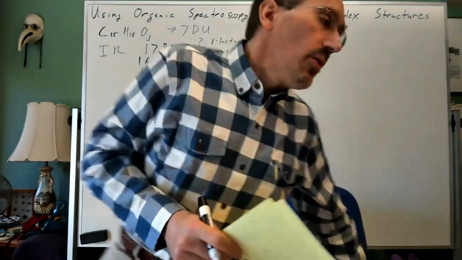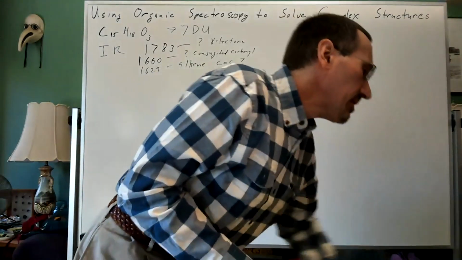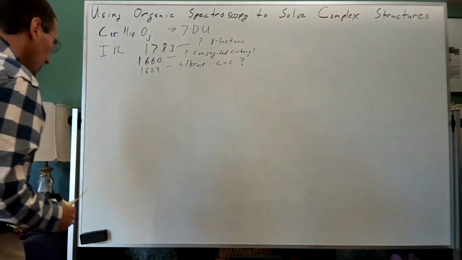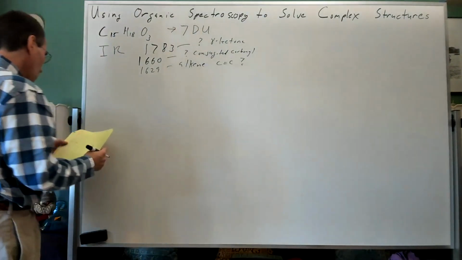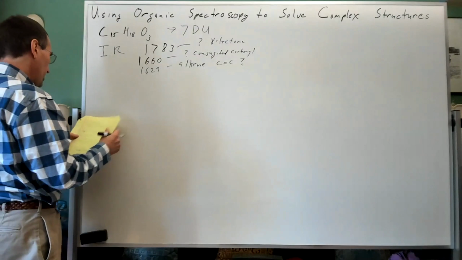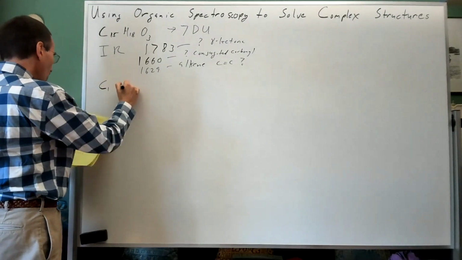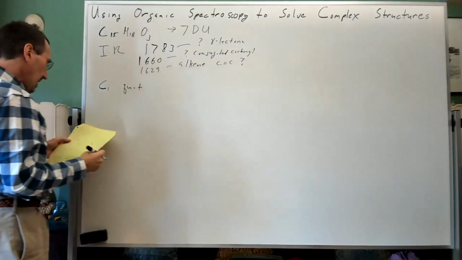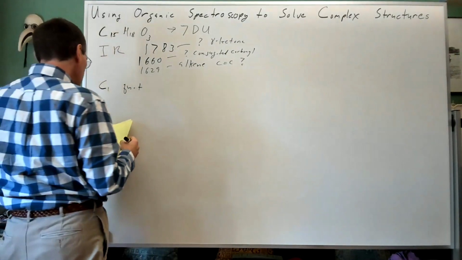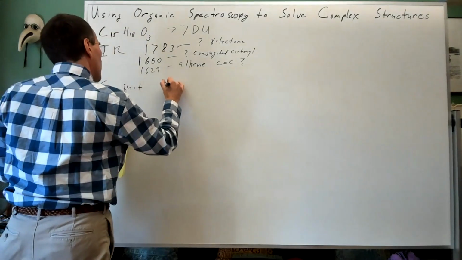All right, so I want to create a scorecard, and it's really useful at this point to have some sort of scorecard to keep track of things. So our C1 is a quat. It's at 186 ppm.